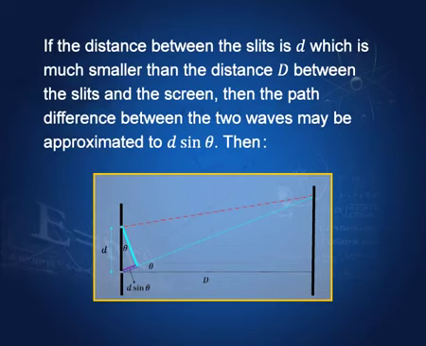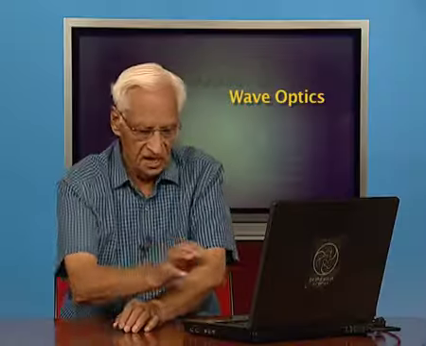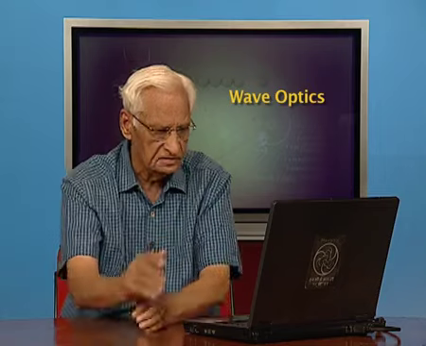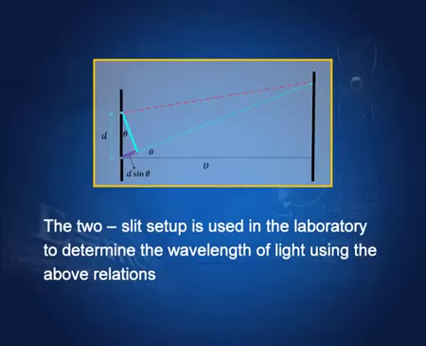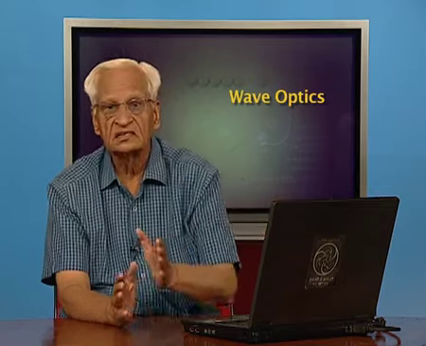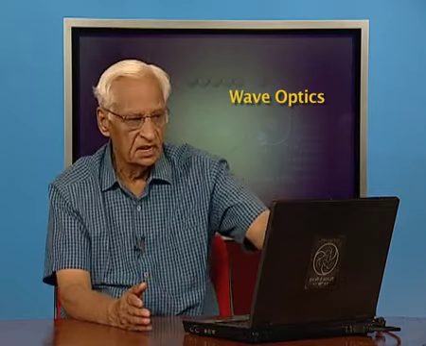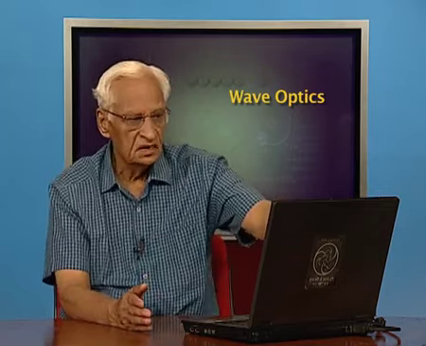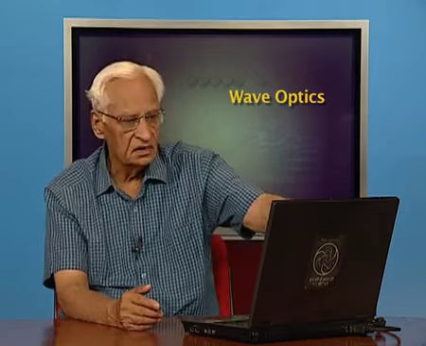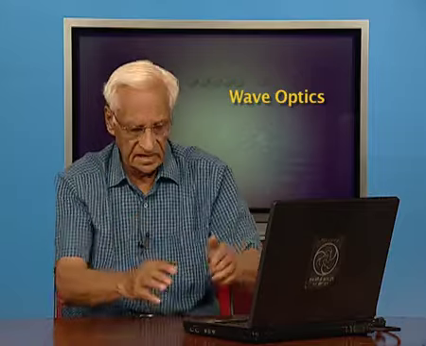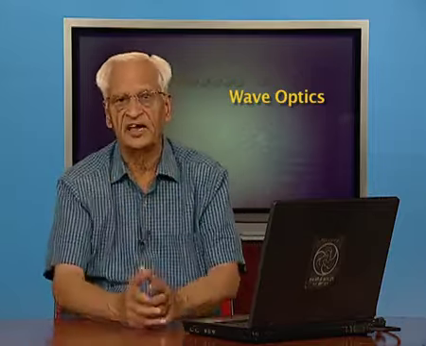This path difference can be approximated to d sin theta. So, d sin theta is the path difference, and if this path difference is equal to 1 wavelength or 2 wavelengths or 3 wavelengths, then there is constructive interference, because the phase difference is then 2 pi, and therefore, as I have shown you earlier, they are in phase.